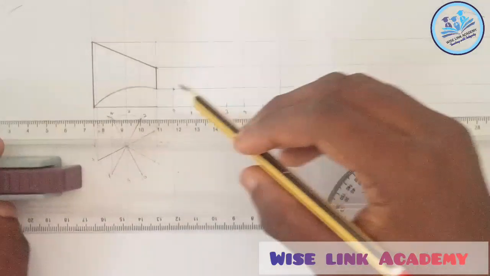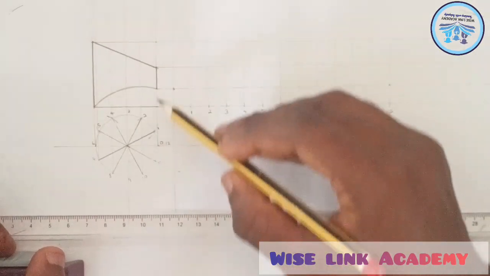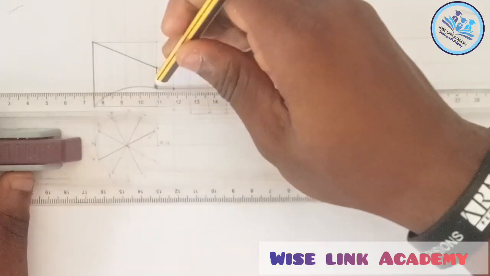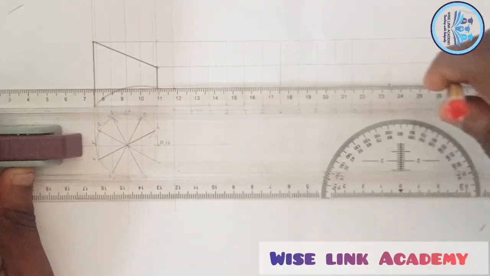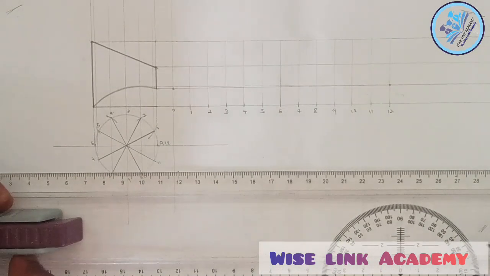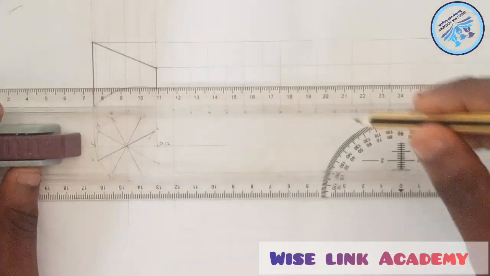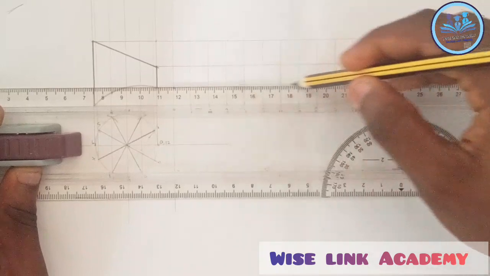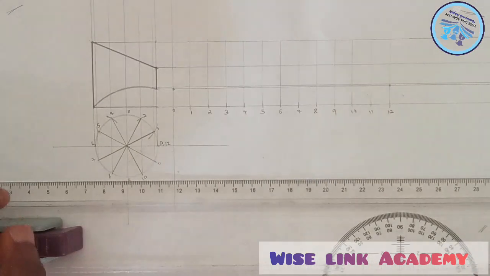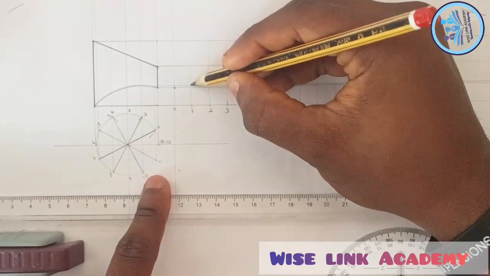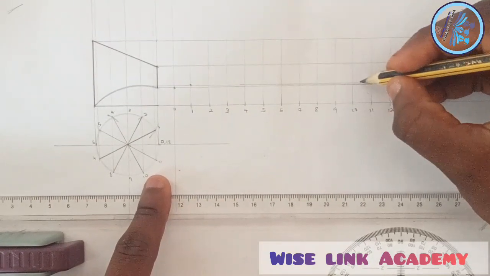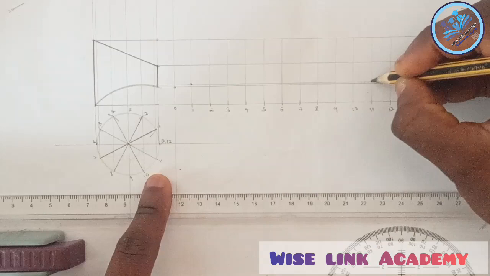Next up, you see this point 1 and 11 are touching here, so I'll draw a vertical line this way touching 1 and 11. Can you see that? So this is 1 here, and 11 is somewhere up here, as you can see.